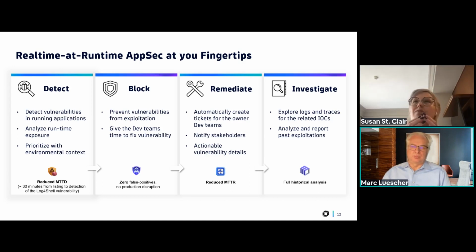So I have this vulnerability, it's located in this bit of running code and this microservice. This microservice is talking to this backend database, or we're seeing traffic coming in from these various places. We're able to detect where that vulnerability is, always on, always monitoring, but then say what is the prioritization or what is the severity of that vulnerability based on the environmental context that Dynatrace can see. So all of that is automated, all of that is automatic.